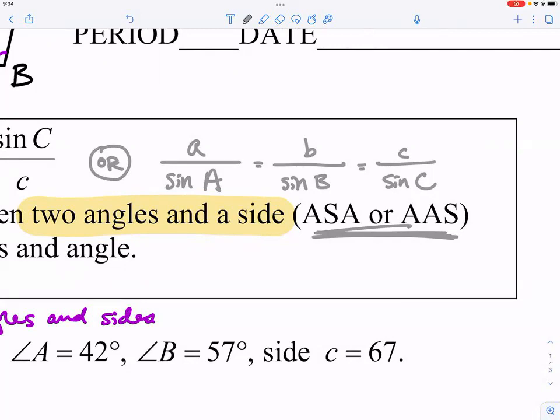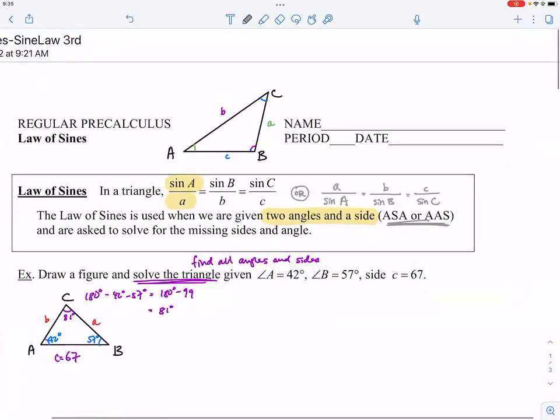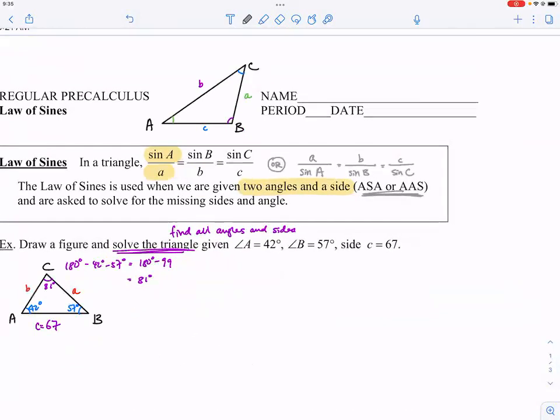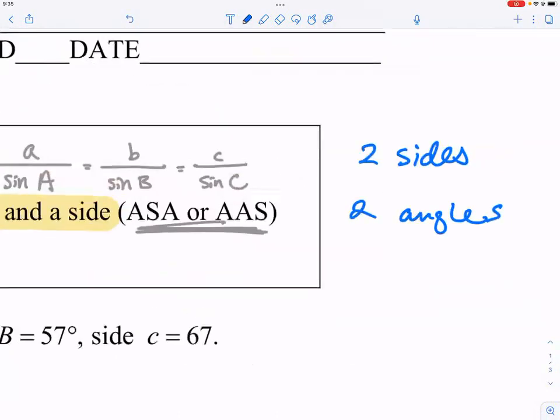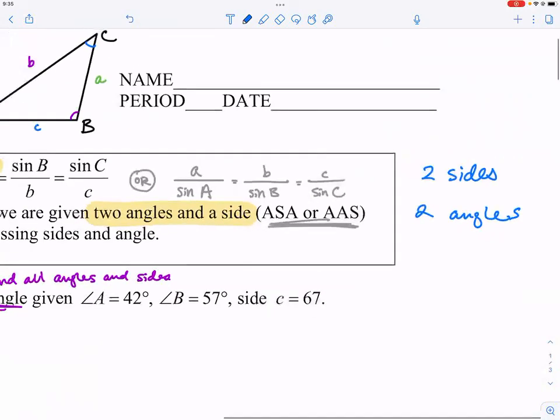So what I would say is this. Today we will learn this law of sines, and I want you to write this down on the side. The condition that allows you to use law of sine is that you have to have two sides and two angles, and one of these four is an unknown.